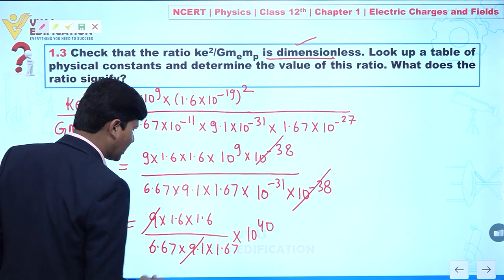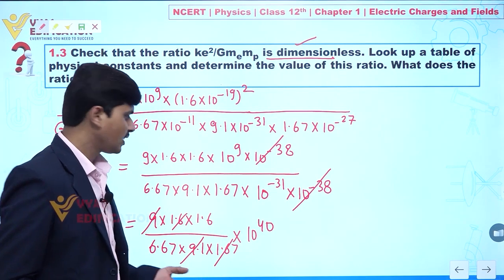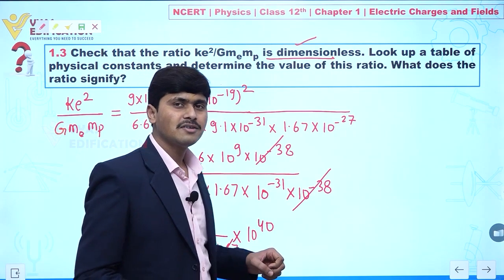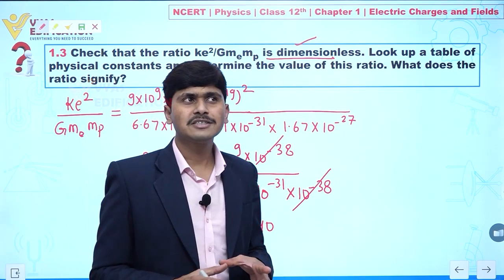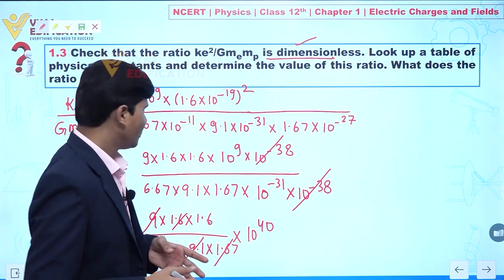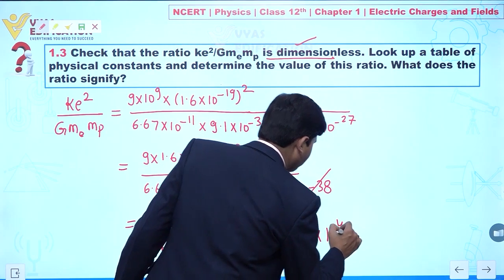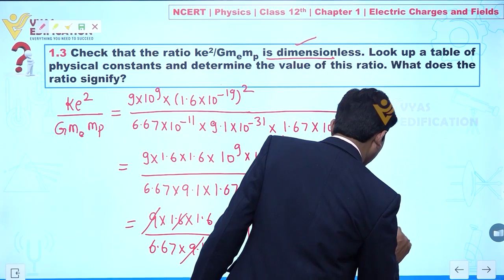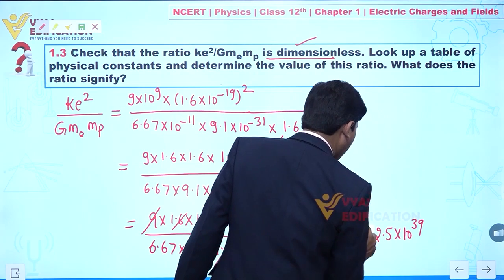Approximately 9 and 9.1 are almost the same. Now we have 1.6 divided by 6.6, so approximately this is 1 by 4. Yes or no? So we can write 1 by 4 into 10 to the power 40, which is approximately 2.5 into 10 to the power 39. Clear? This is an approximate result.